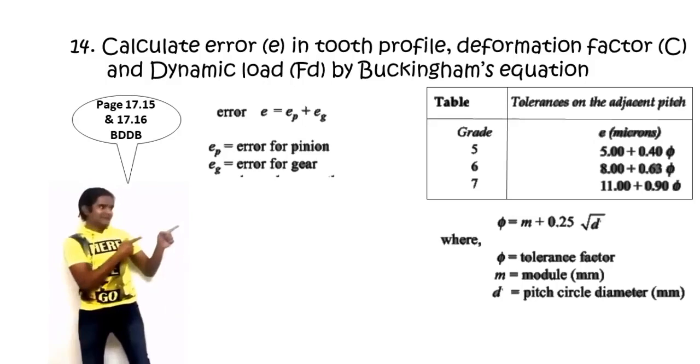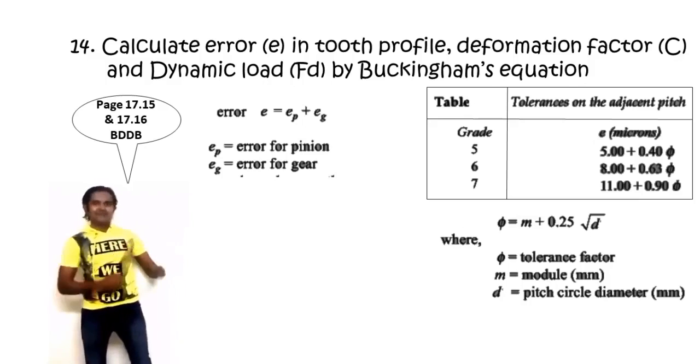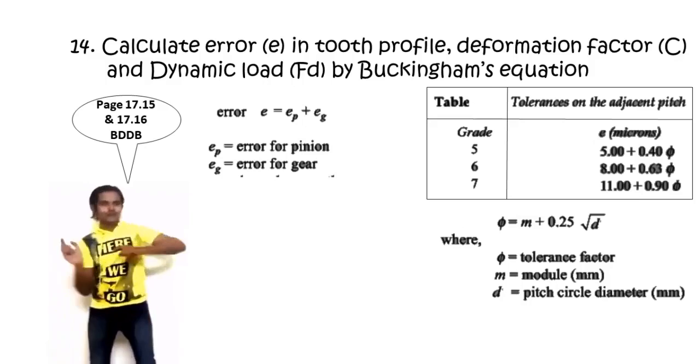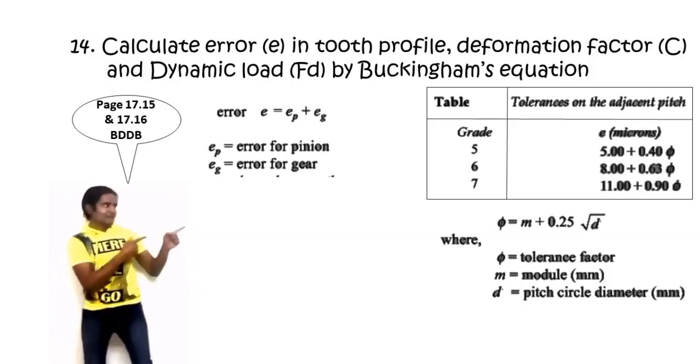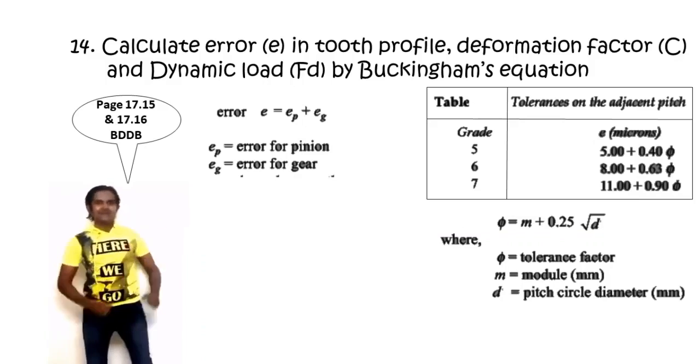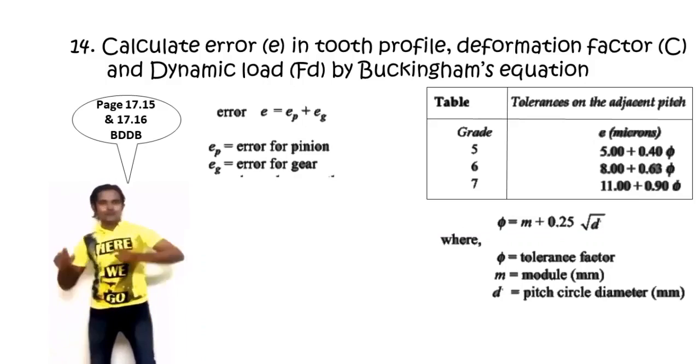Let us find out first the tolerance factor phi. Phi is m plus 0.25 under root d. Now if you put dp, you will get phi p, and if you put dg, you will get phi g. So phi p and phi g you have to calculate. Then you have to first check which grade is given in the numerical.